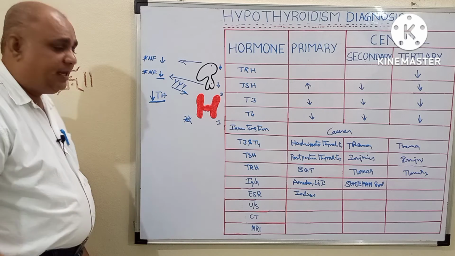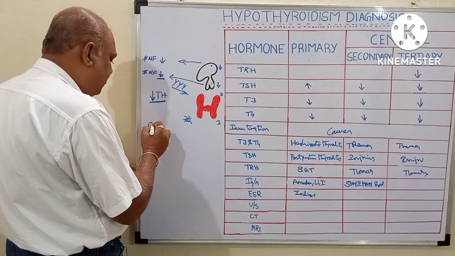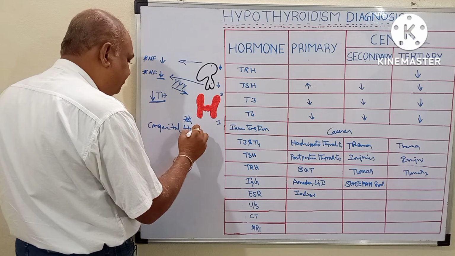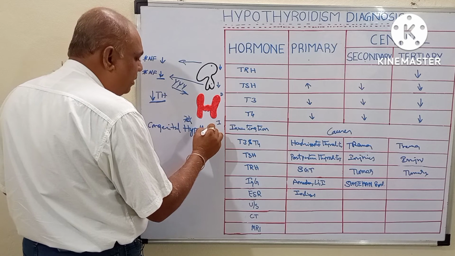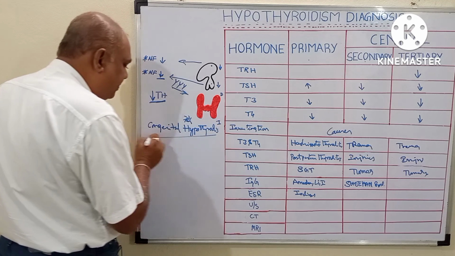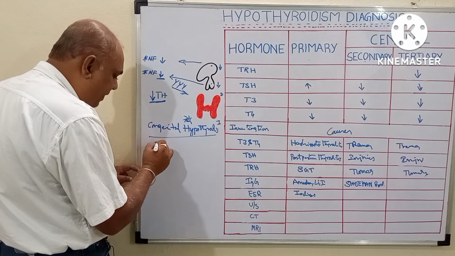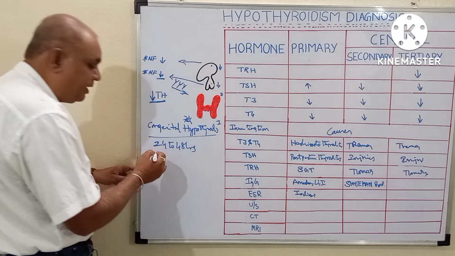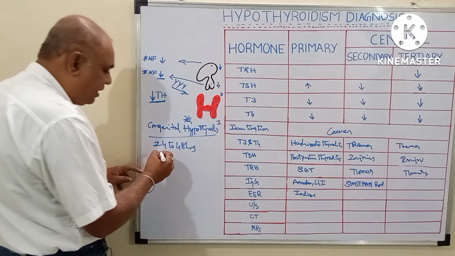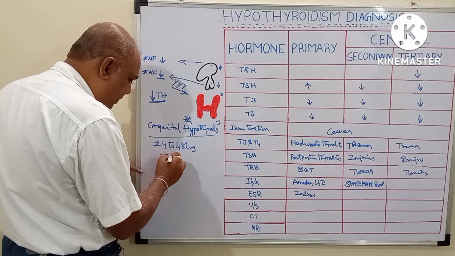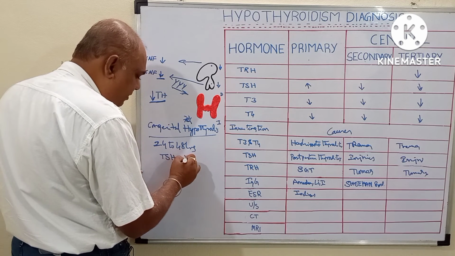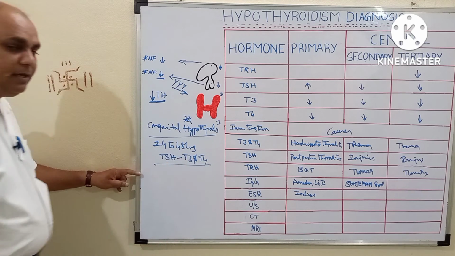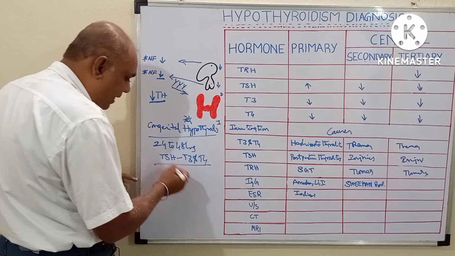Apart from this, there is one more type called congenital hypothyroidism. In congenital hypothyroidism, within 24 to 48 hours, a thyroid hormone test, or TSH, T3 and T4 investigation, is to be performed on the baby.